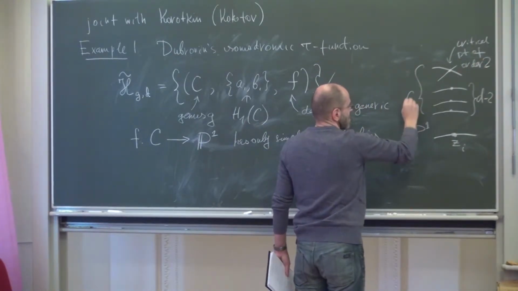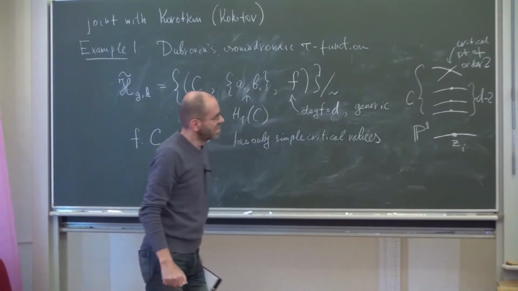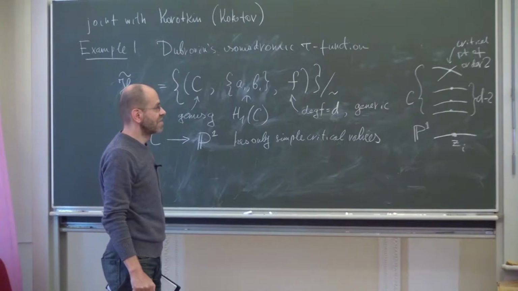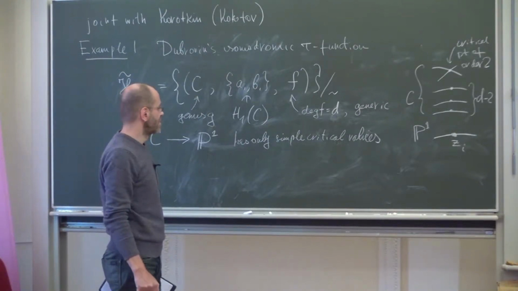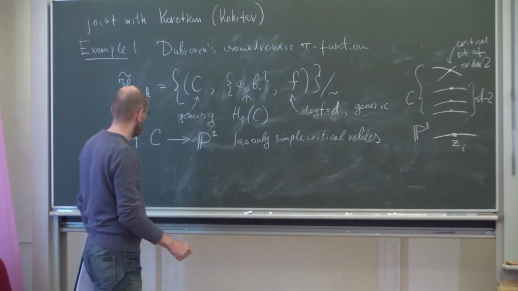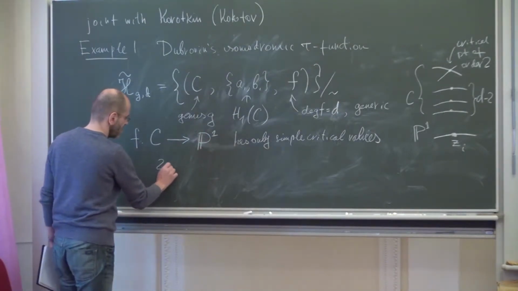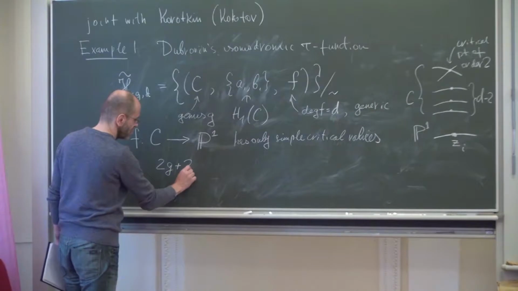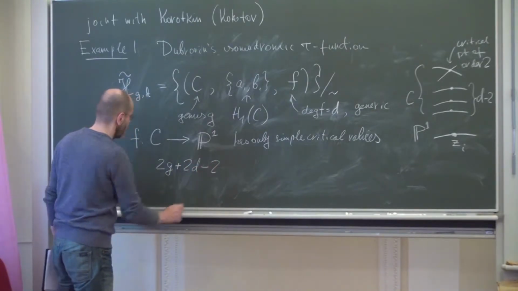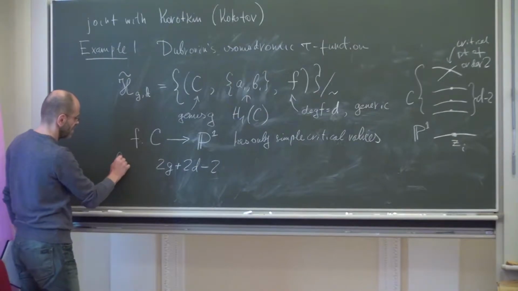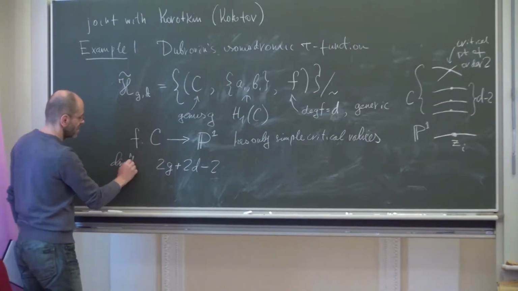So that's the curve C. The number of critical values of a generic function can be easily computed. That's 2g plus 2d minus 2. And that's exactly the dimension of this space, H tilde g d.